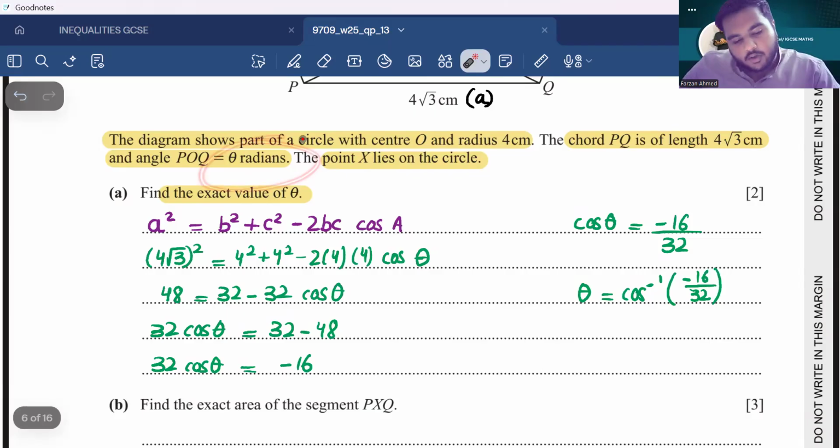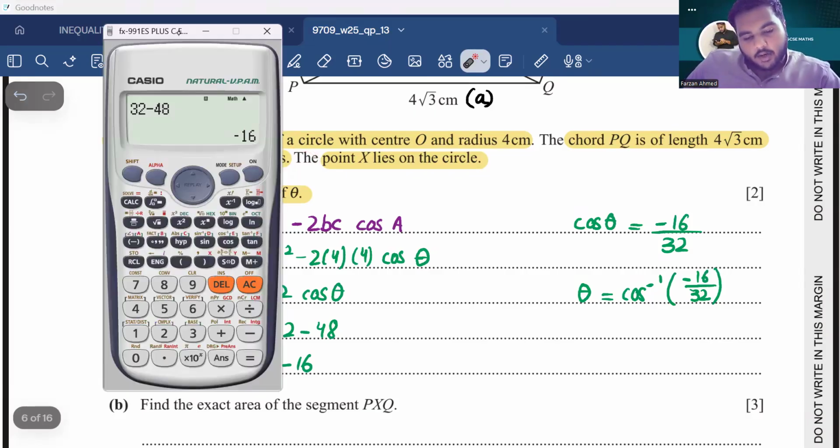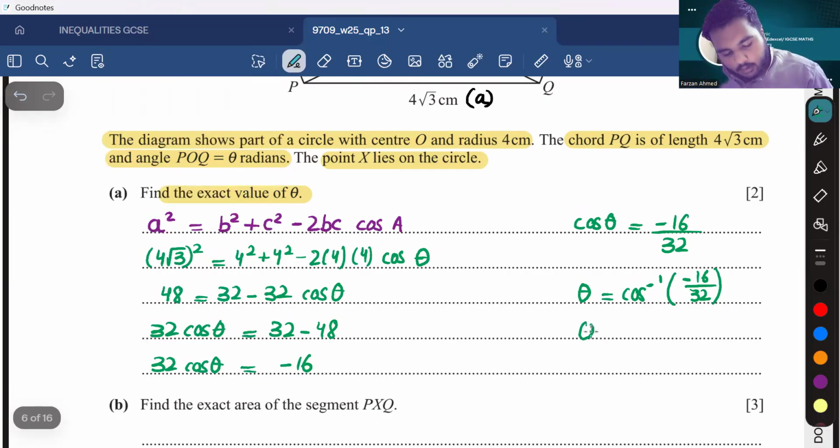So when you do questions of circular measure, your calculator must be in radian mode. So cos inverse of minus 16 over 32, the answer we got is 2 upon 3 pi. Theta is equal to 2 upon 3 pi. So this is the value of theta.